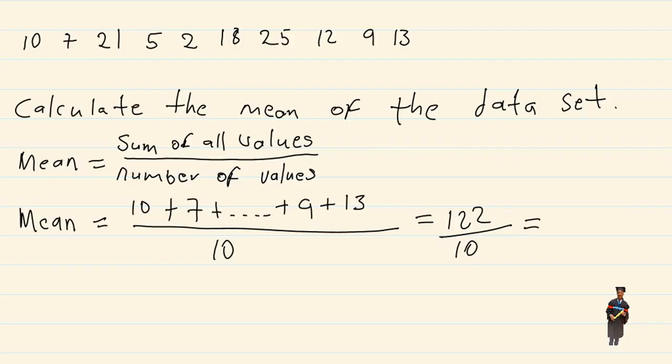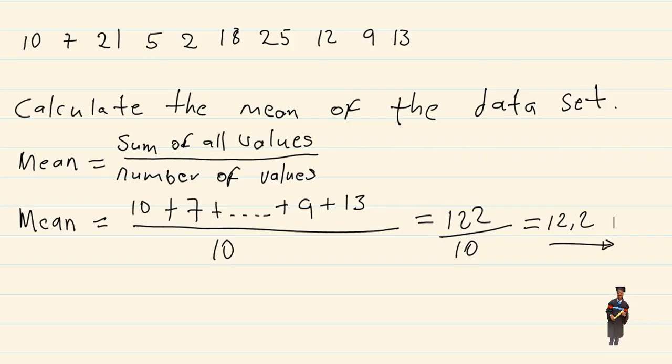So you tell your calculator 122 divided by 10. Let's see. Your calculator will tell you that 122 divided by 10 is equal to 12.2, and that is the mean. So I hope you get it, ladies and gentlemen.